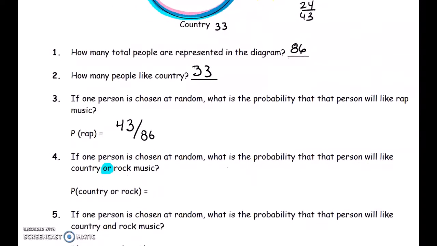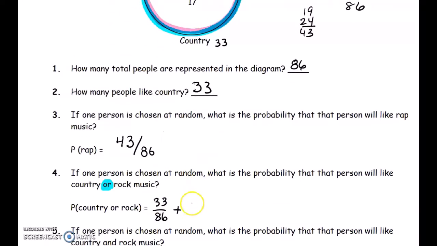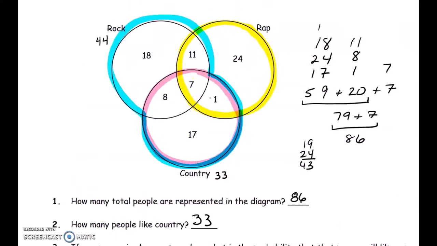Now, if we just go straight away and say, okay, 33 out of the 86 liked country, plus the 44 out of the 86 that liked rock, when we just add those two together, we get 77 over 86. Now, when we take a look at this count, we're going to see we're wrong.